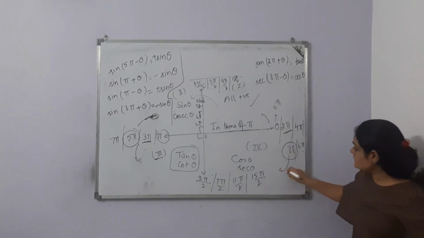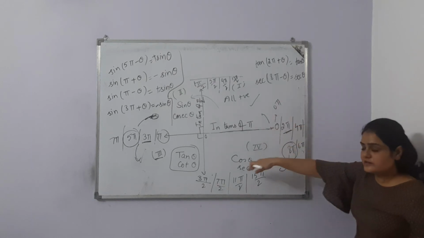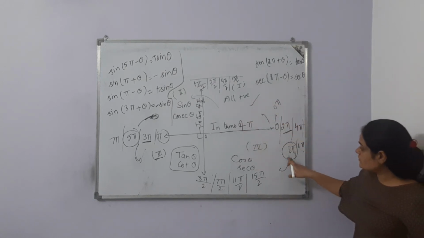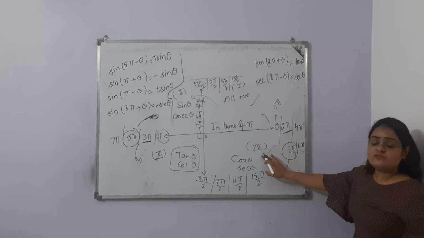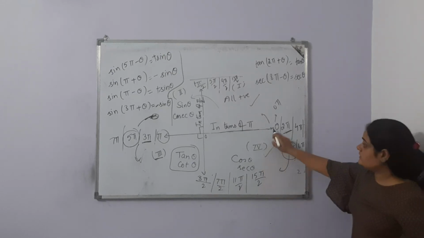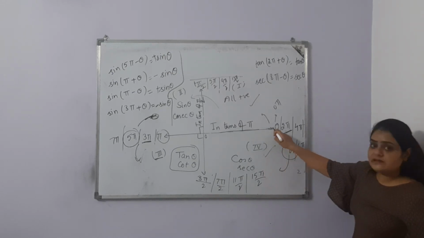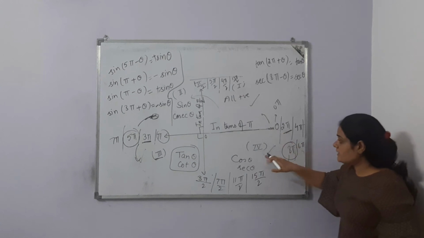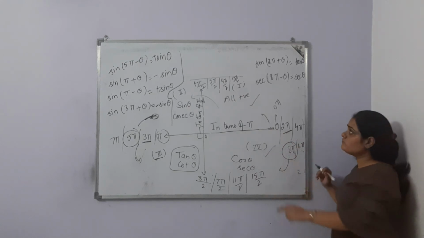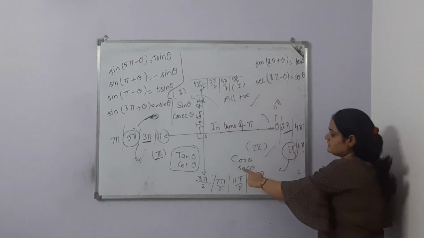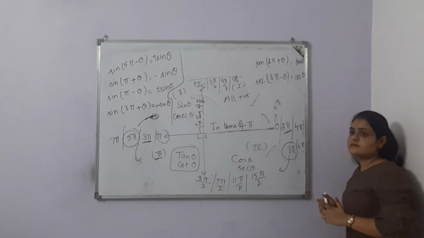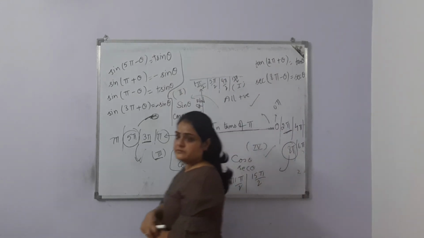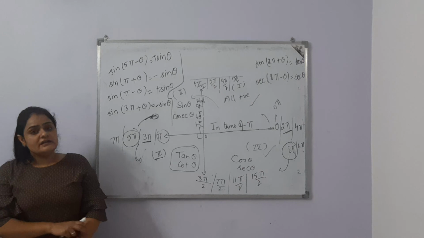This is clockwise direction, and we are getting the fourth quadrant. Here 8 pi is on this line, 8 pi minus, we are getting the fourth quadrant. And in the fourth quadrant, secant theta is positive. So I am getting secant theta as a positive answer. Hope this is clear.